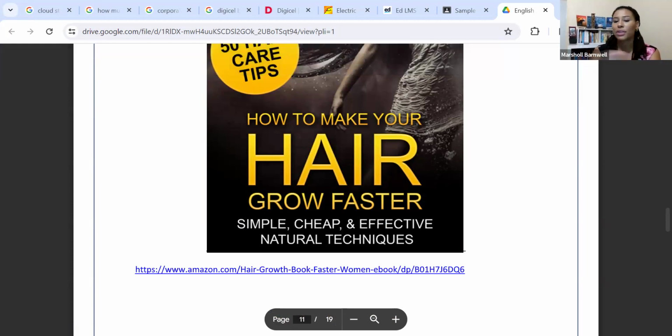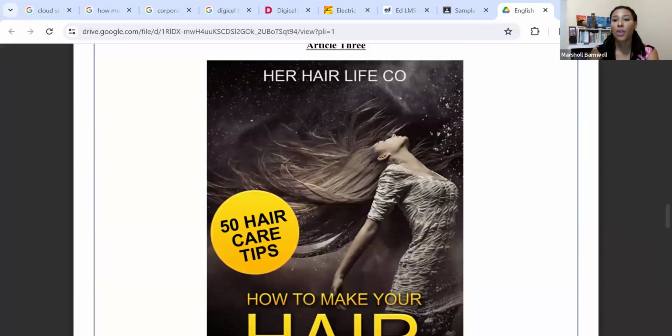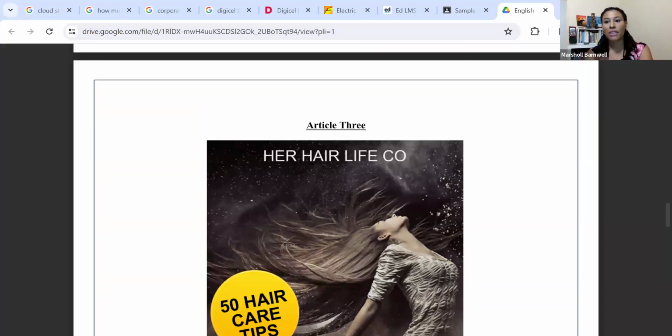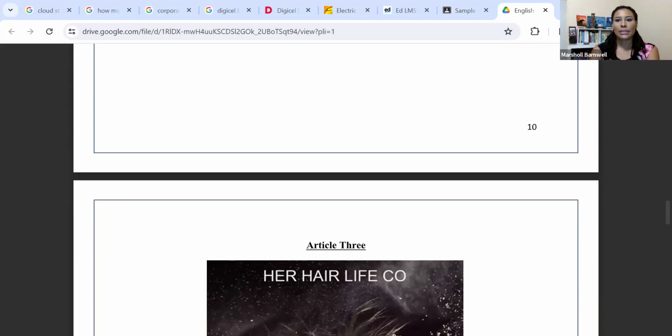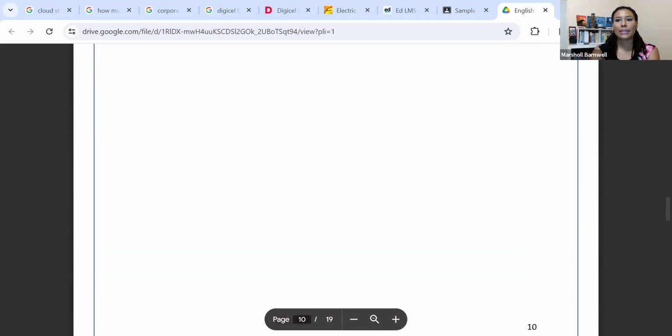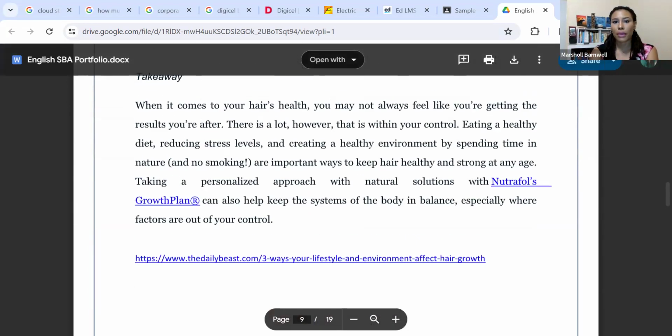However, there's also a printed version you can purchase on Amazon, the hardcover or paperback, so that they can see the 3 articles that were chosen.